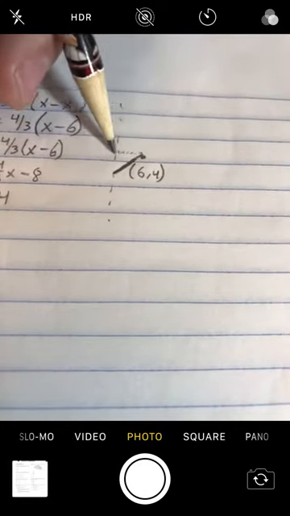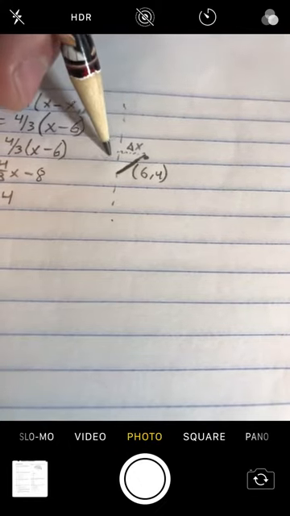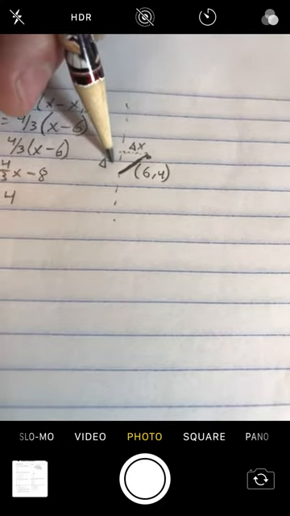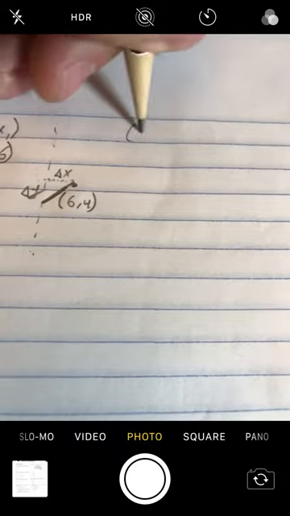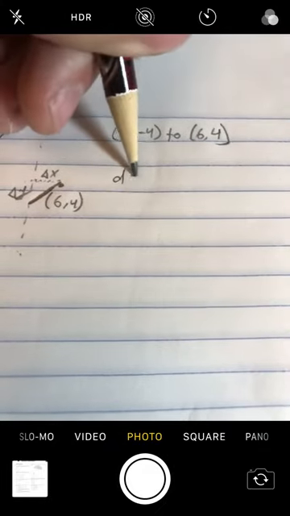So that means there's a certain increment of x coordinates and a certain increment of y coordinates that we need to worry about. Given the y-intercept is (0, -4), that means we have to connect from (0, -4) to (6, 4). So now we've got to use the distance formula.